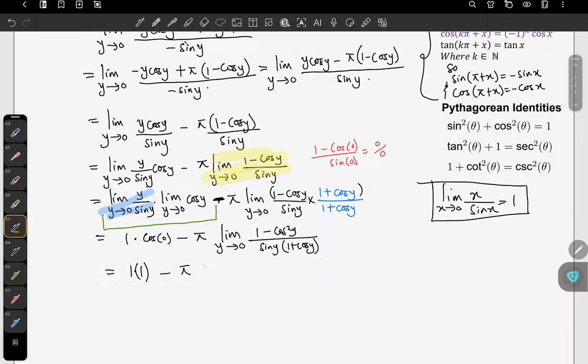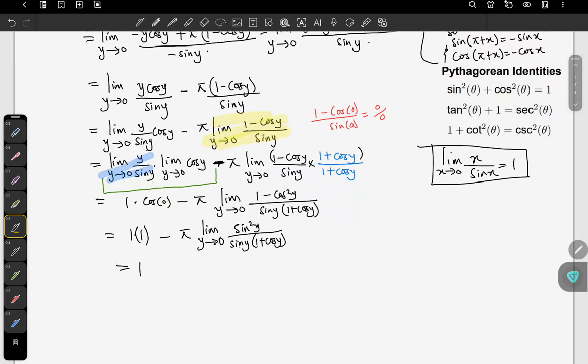Minus pi, then limit. You can see until I make the direct substitution, I would always drag along the limit expression. So limit y goes to 0 of sine squared y, which is actually sine y times sine y, over sine y into bracket 1 plus cos y. Then sine y will cancel out one of the sine y's in the numerator.